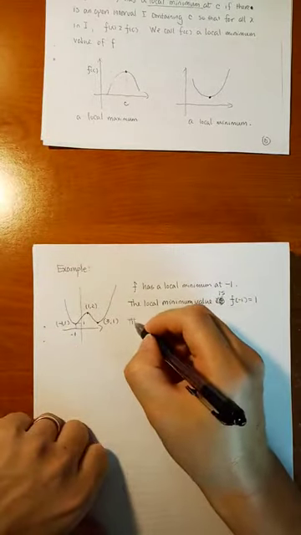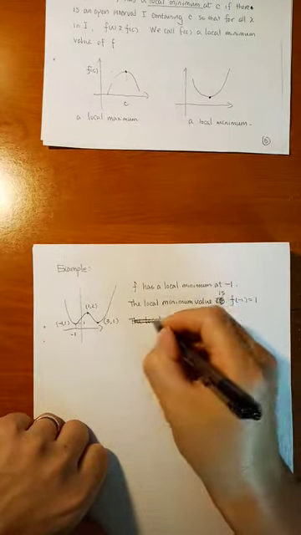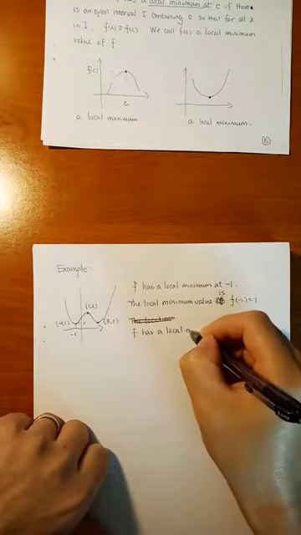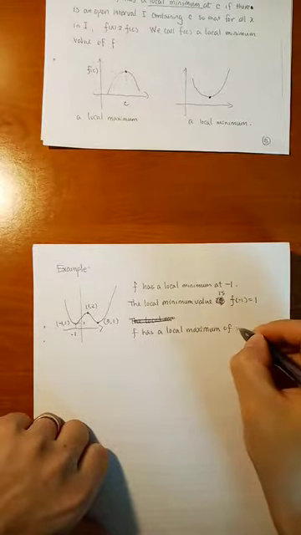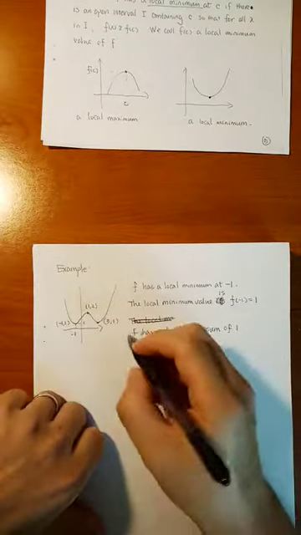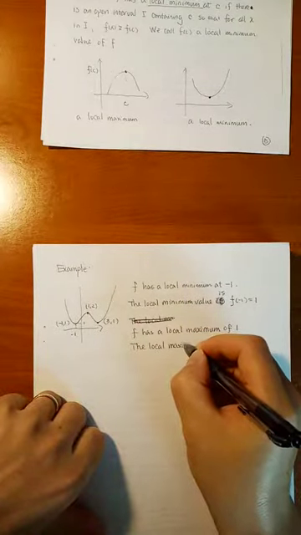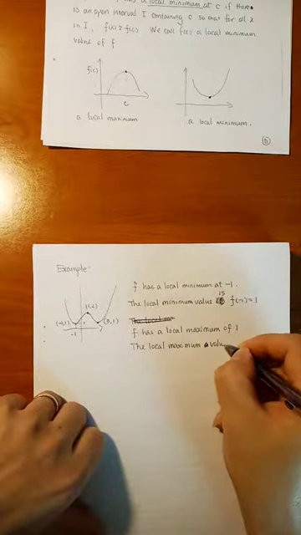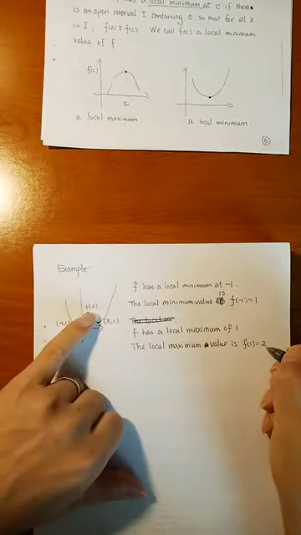And f has a local maximum at 1. You see, at 1 you have a local maximum, the highest point. The local maximum value is f of 1. For f of 1, the y coordinate is 2.